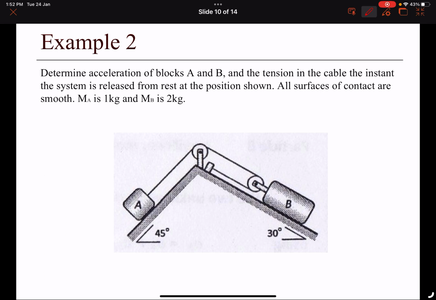So from this example, you have to determine the acceleration of block A and B. So you have to find AA and also AB, and then the tension, let's say the tension at A and the tension at B.